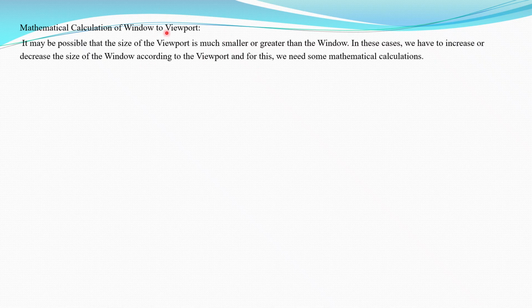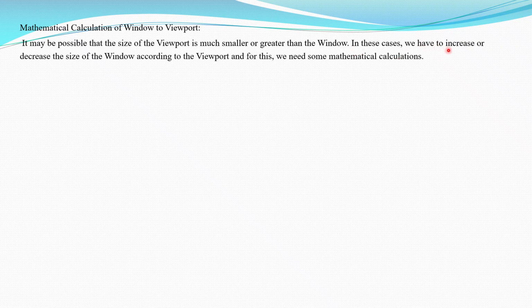Theoretically we said this, and now we will prove it by mathematical calculation. Using the mathematical calculation of a window and viewport, it may be possible that the size of a viewport is much smaller or greater than the window. It depends on the size of the viewport coordinates and the window coordinates.